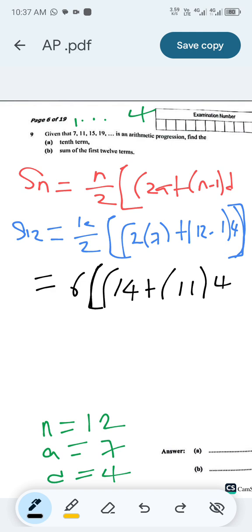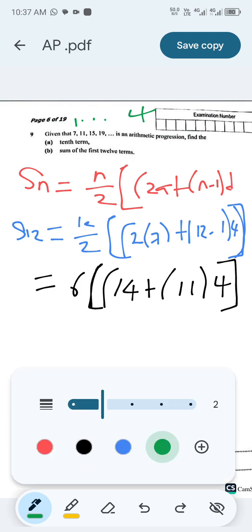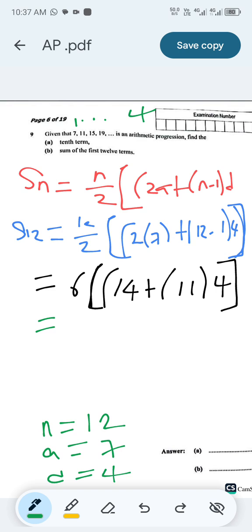Then we are going to remain with 4 outside. So we continue moving down. We solve first what is in the bracket. 6 is going to remain. Then we are going to have 14 plus 11 times 4. That's basically 44.